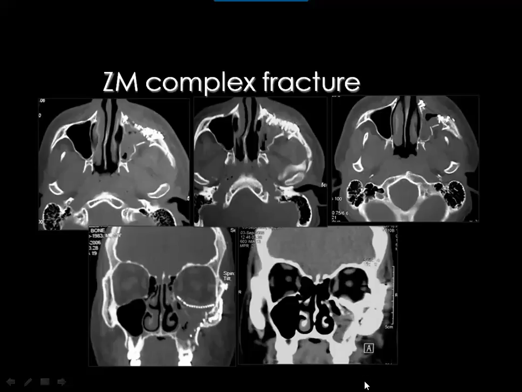Then after surgical repair of the zygomatico-maxillary complex fracture, the main issue of importance for the surgeon is, number one, to get the zygoma back to its normal position, almost in the same plane of the opposite zygoma, to prevent facial deformity.